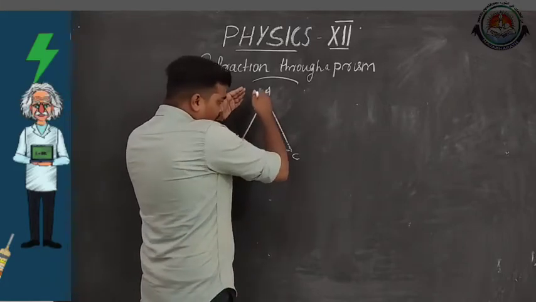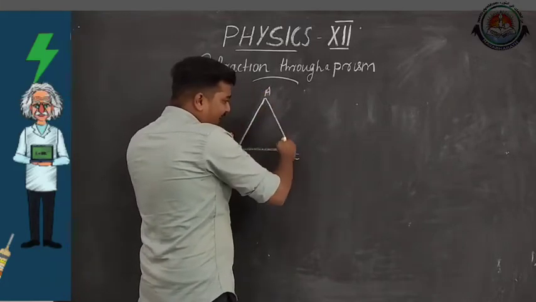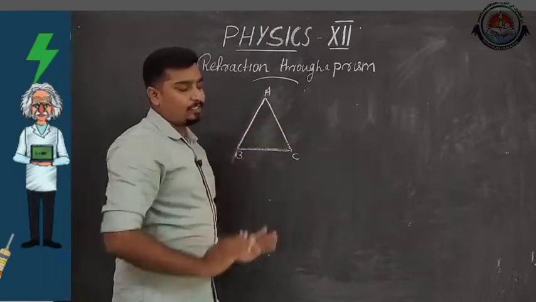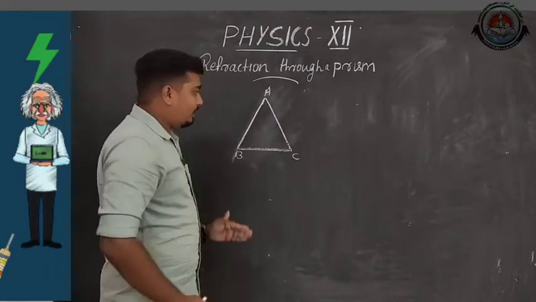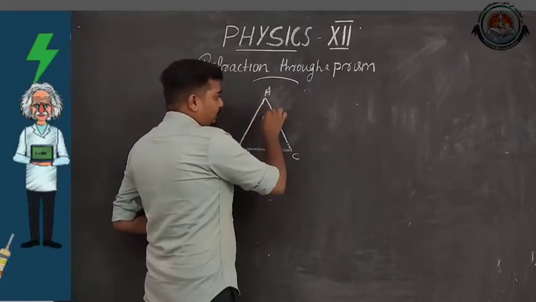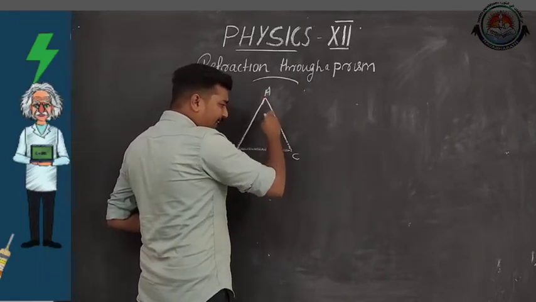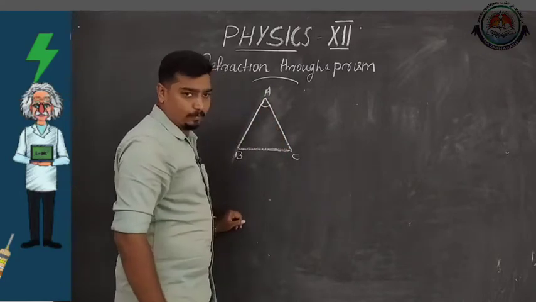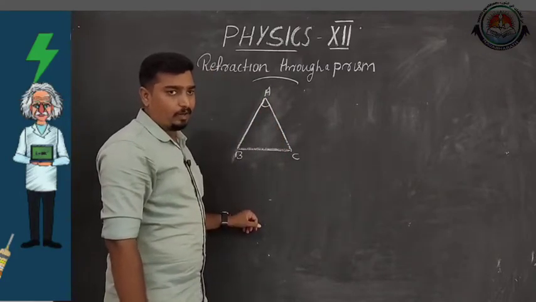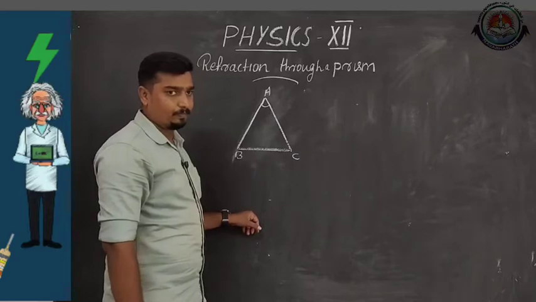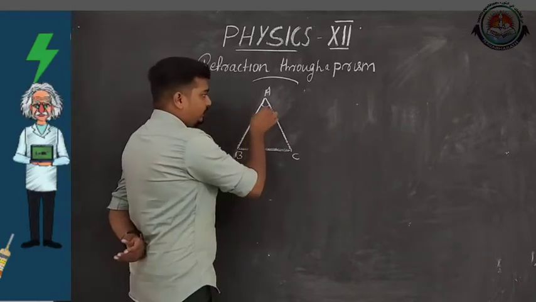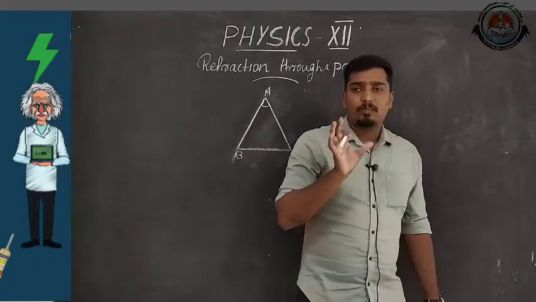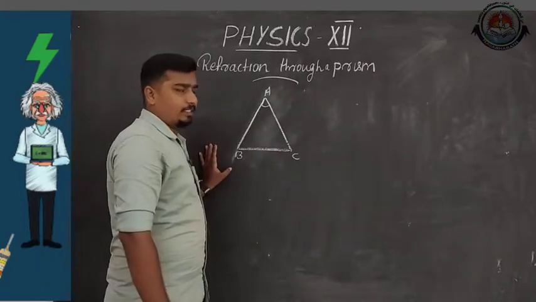It consists of two inclined surfaces, glass surfaces, and the angle between these two inclined surfaces is A, the angle of prism.